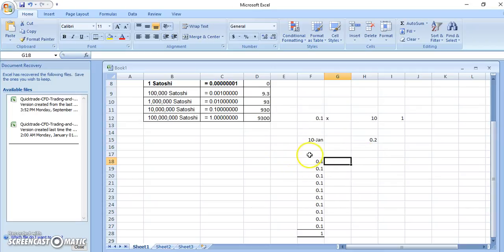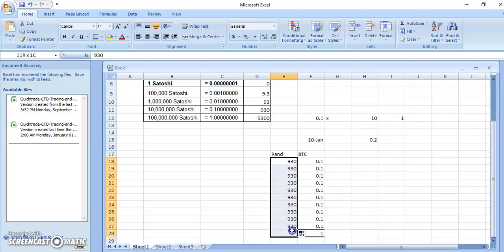So it will just be like here, this is BTC, and this is your rand value. So that's going to be 930. So your 930 will be 10 times. That in total will give you 9,300, which is the total of a Bitcoin.